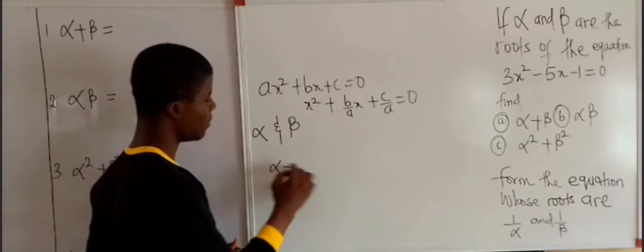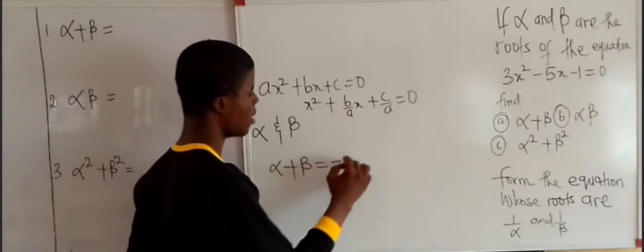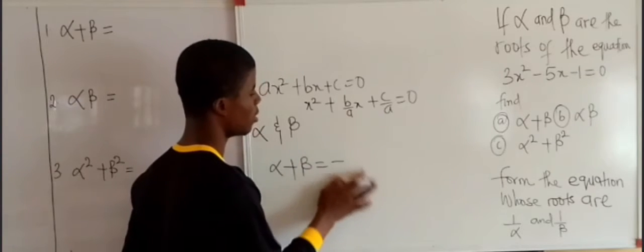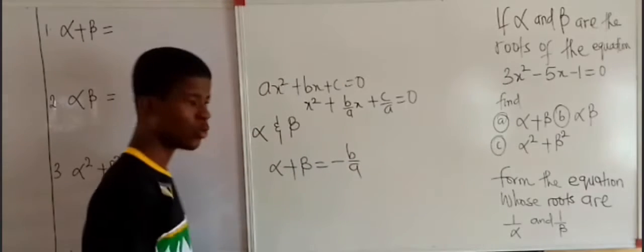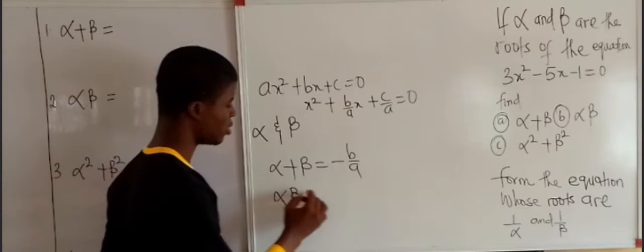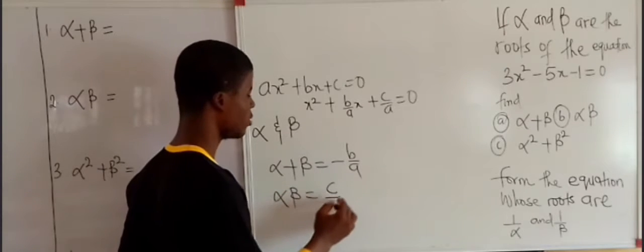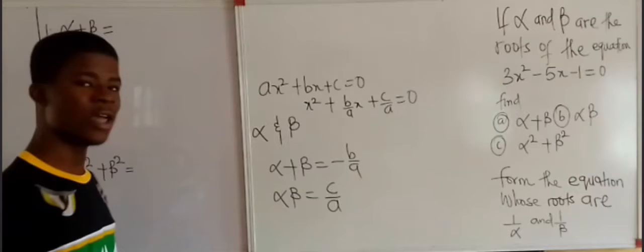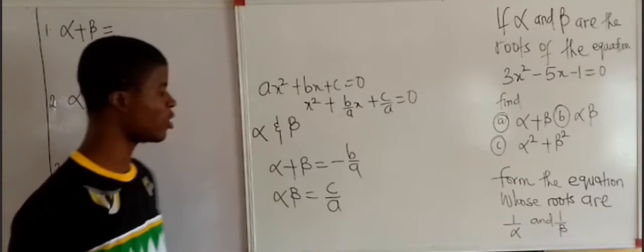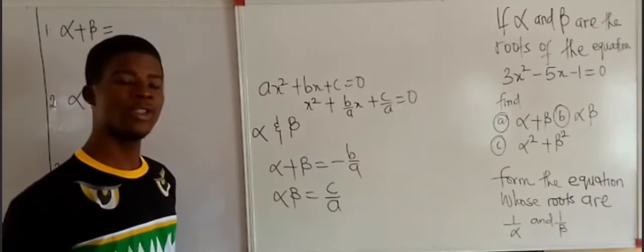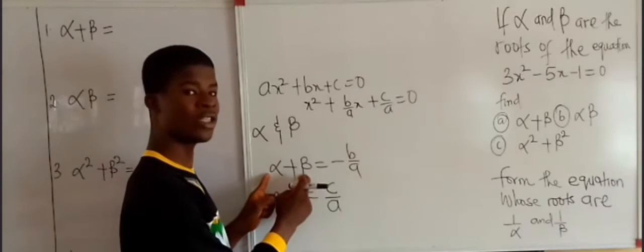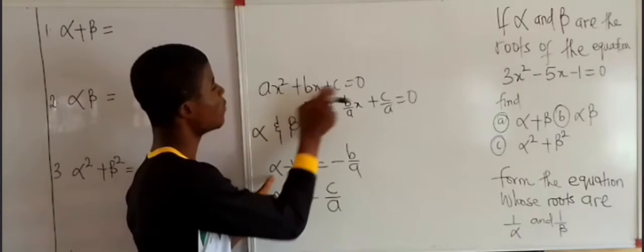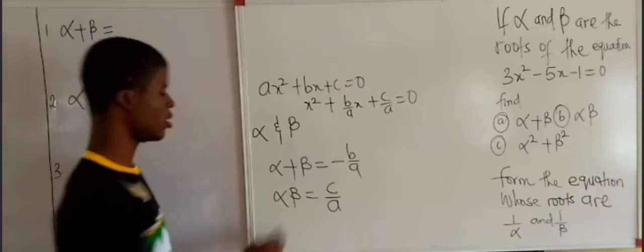It means that alpha plus beta is equal to minus b over a, that's one. And alpha times beta is equal to c over a. So these are the symmetric properties of the roots of the quadratic equation. That's the relationship between the roots of a quadratic equation and its numerical coefficients.